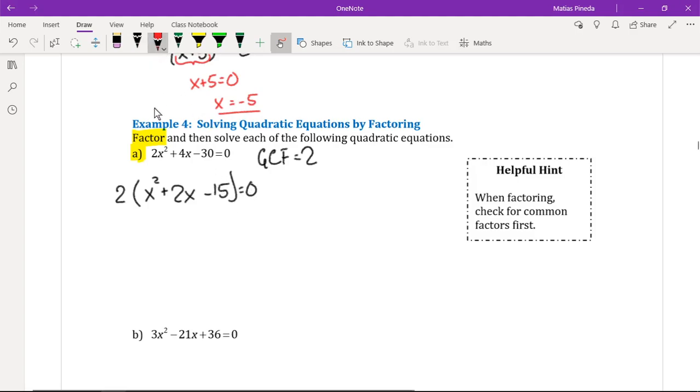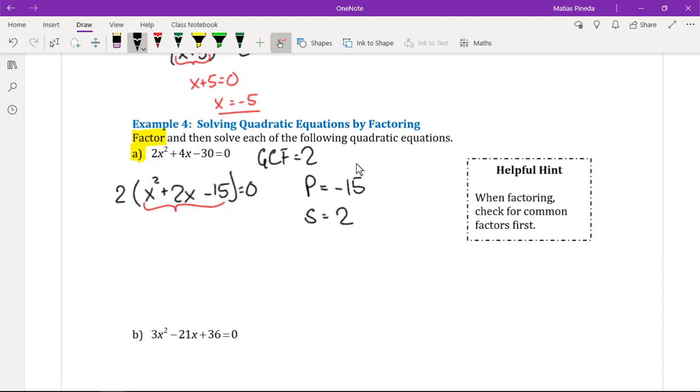Now I'm left with a trinomial where I can use the sum and product method that we just used in the previous example. In this case, we're looking for two numbers whose product is negative 15 and whose sum is positive 2.